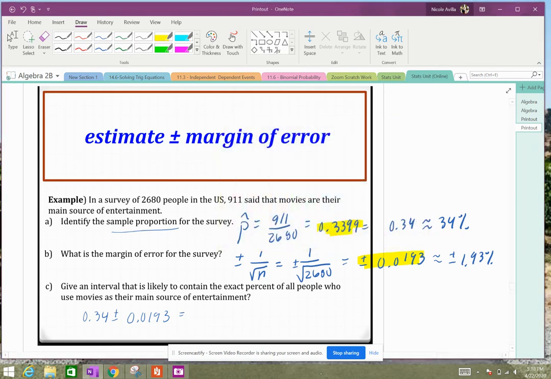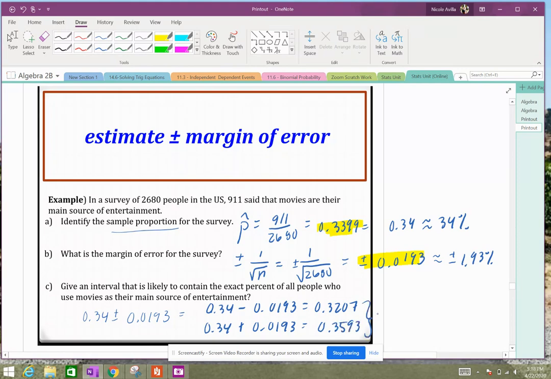If I do the minus version, 0.34 minus 0.0193, that's going to get me about 0.3207. If I do the exact same thing, but the plus version of it, I'm going to get 0.3593.